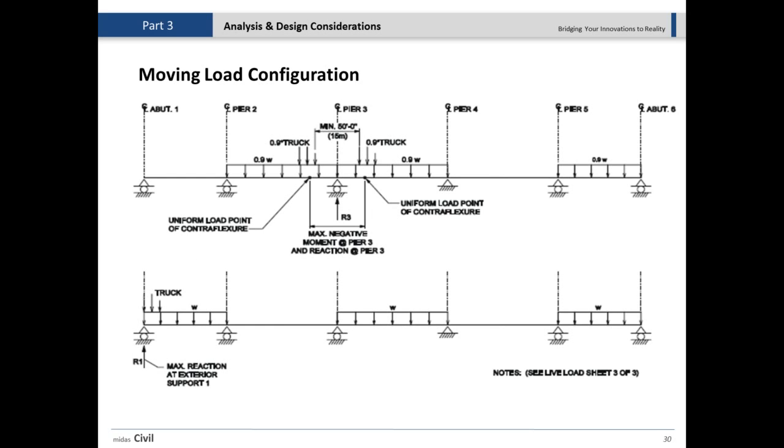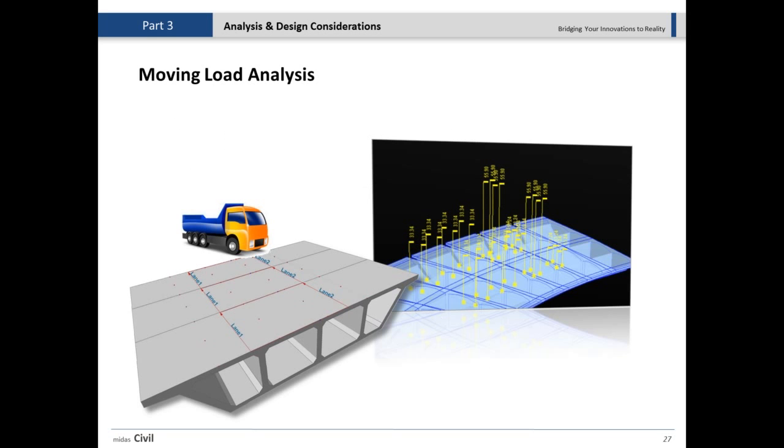So these are important. We can follow this arrangement and configuration, but in Midas Civil, you don't need to worry about them. You can just simply define your lanes, as you can see here, because in Midas we are doing a 3D analysis.